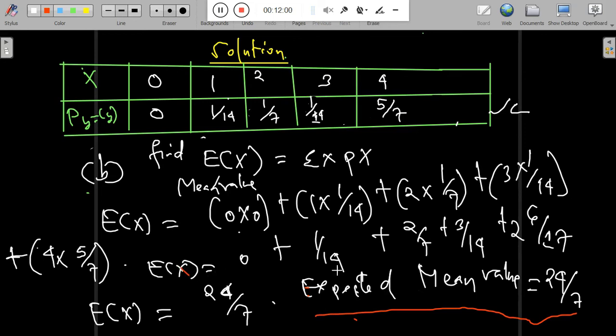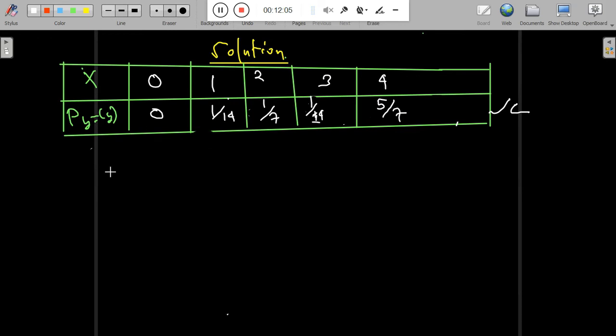So the expected mean value will be equal to 24 over 7.